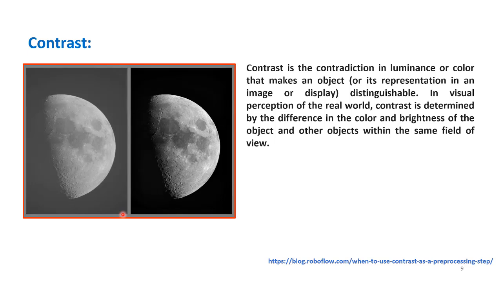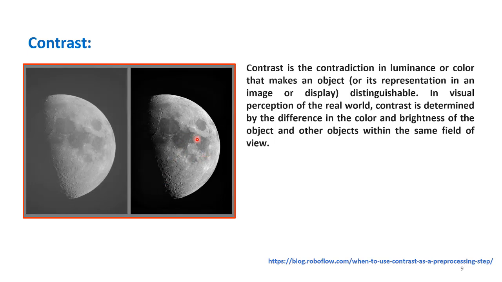Then the contrast. Here, as you can see, the depth of field is different, because this is the surface and this is the depth, or what you can say, crease present in the object. So different depth of field plays an important role. Here you can easily see the contrast, and because of the contrast we can see that there is a depth in this object. That is what makes it understood better.